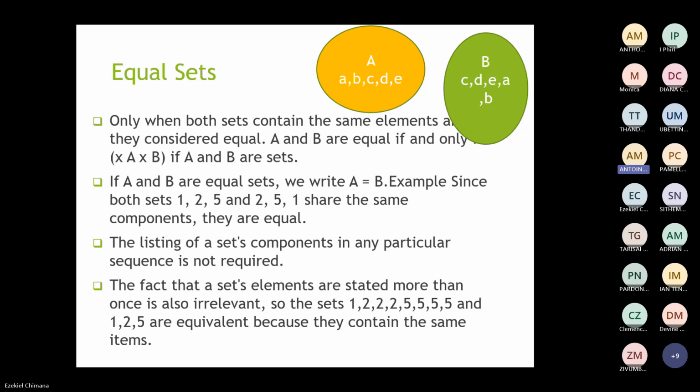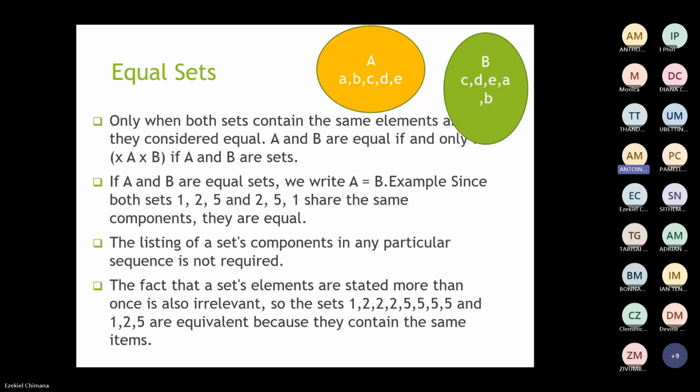A and B are equal if and only if every element of A is an element of B and every element of B is an element of A. A has the elements A, B, C, D, E. B has the elements C, D, E, A, B. If A and B are equal sets, we write A equals B.